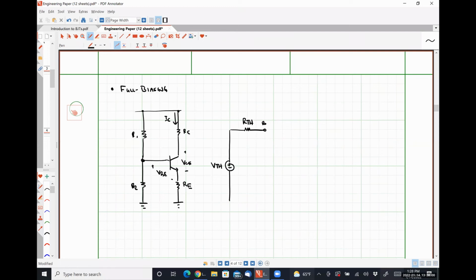Here's our base terminal. Between the base and the emitter, we have a forward bias diode over which a voltage drop of VBE occurs. We have our base current IB here flowing into the emitter. On this side, we have our collector carrying a current of beta IB.